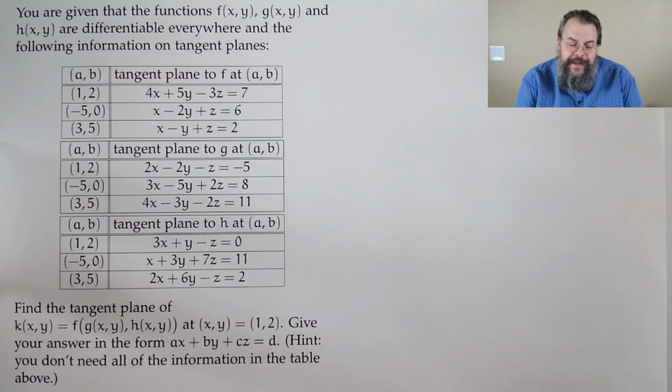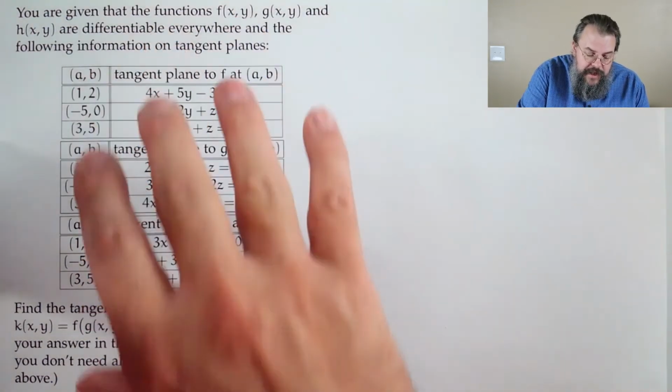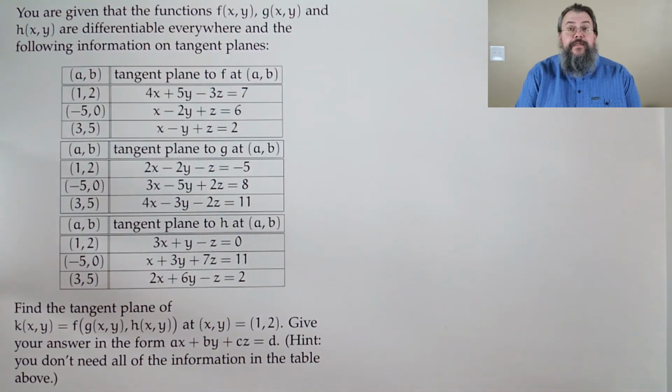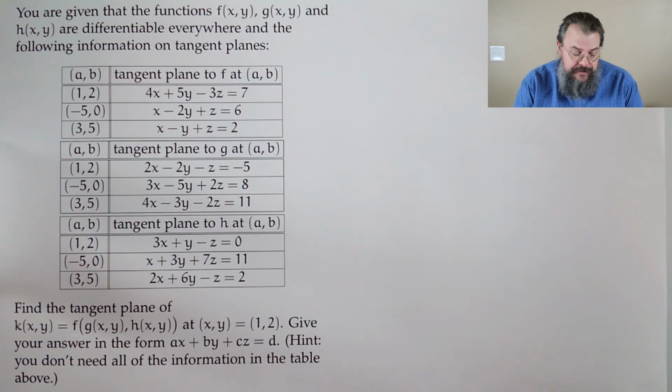You are given that the functions f of x y, g of x y, and h of x y are differentiable everywhere. And we have a lot of tangent planes. A ton of tangent planes, an amazing amount, a cornucopia, if you will, of tangent planes. We're going to create a new function called k. K of x y is f of g of x y comma h of x y.